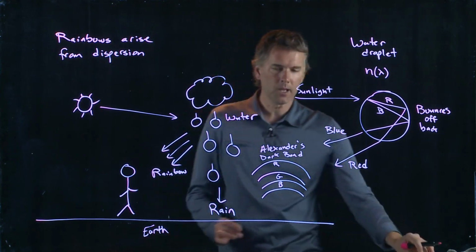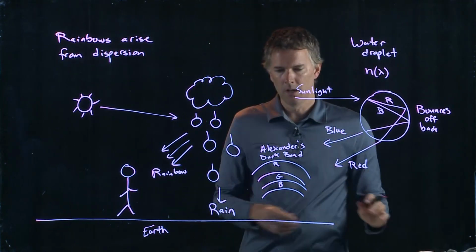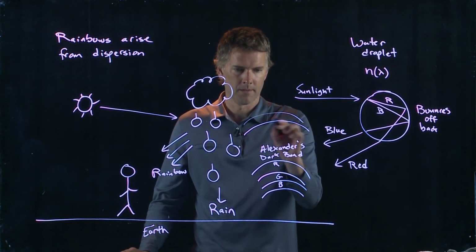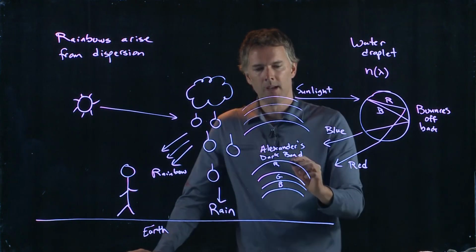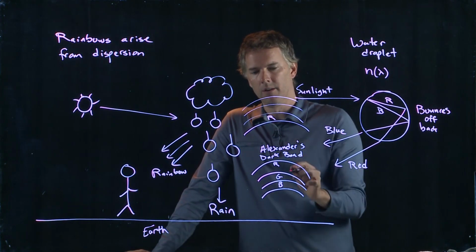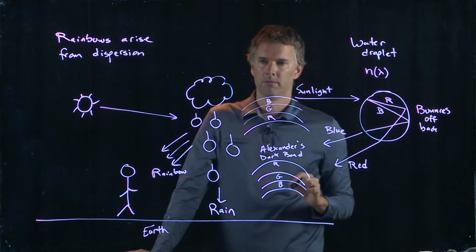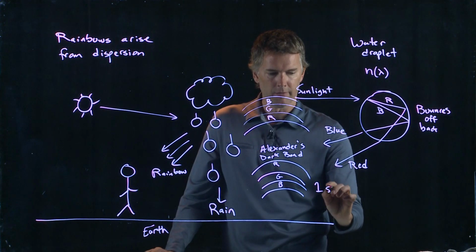And then if you keep looking up in the sky, and conditions are just right, you'll see a second rainbow up here. Okay, and that second rainbow, in fact, is inverted, red to green to blue. Okay, it's dark in between, and then it's inverted.